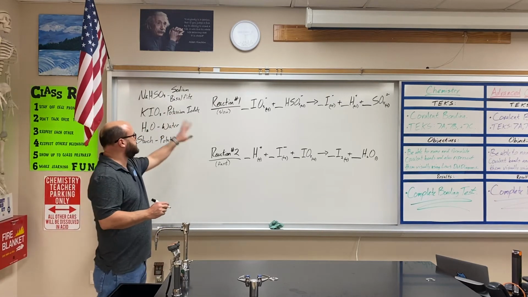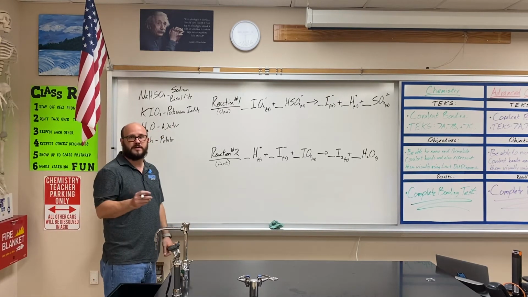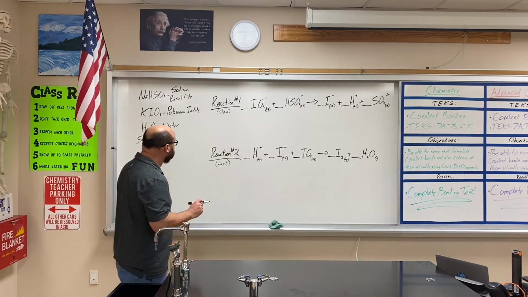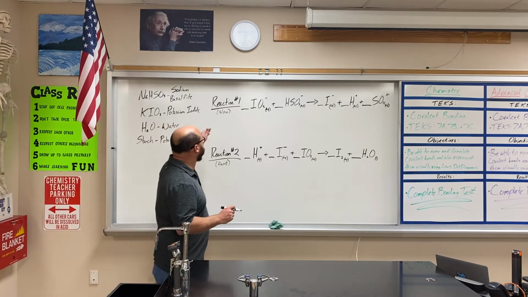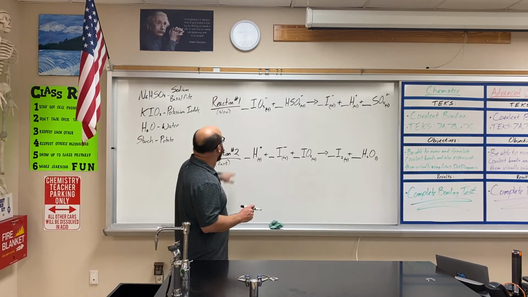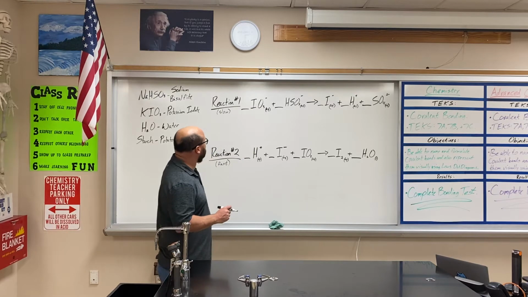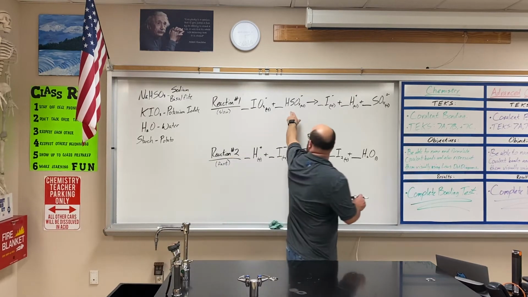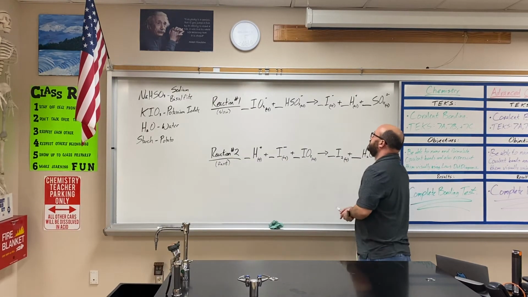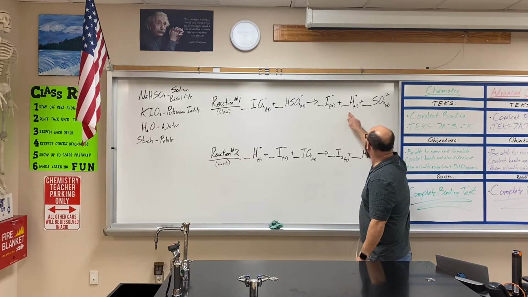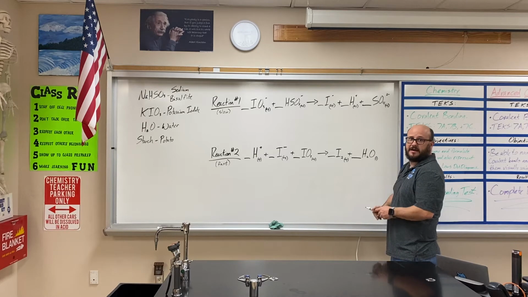This reaction is actually two different things going on at once, and that's why it's so instantaneous, the color change. The first reaction is the iodate ions are reacting with the bisulfite ions, and they're producing iodide ions, hydrogen ions, and sulfate ions.